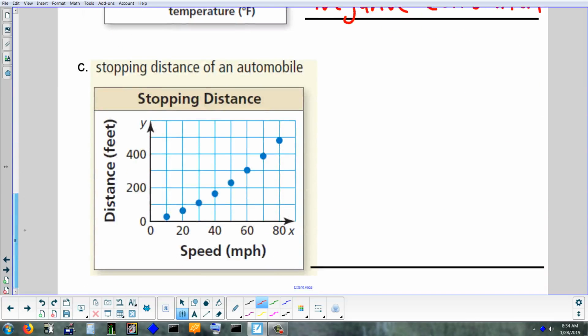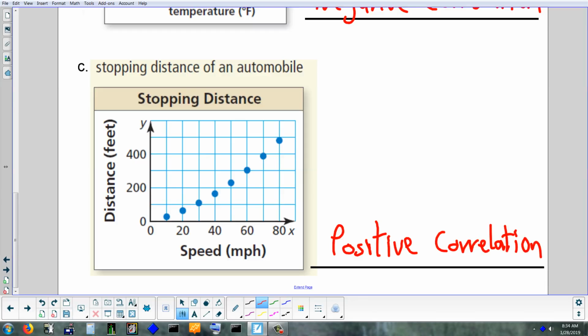Last one. So now we're going up to the right. So Matt, what do you think that is? Positive. Positive correlation. Again, we're not asking you to do anything more than that. Just look at the pattern and identify what it is. That's going to be a positive correlation. Again, it's just looking at the picture, identifying what it is.